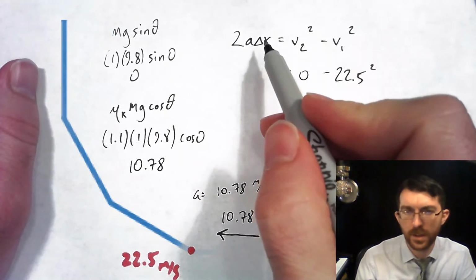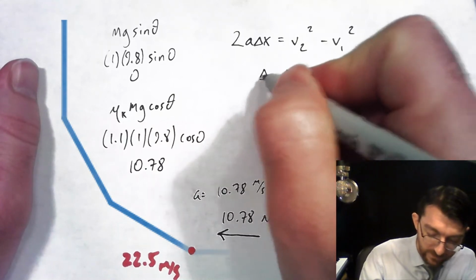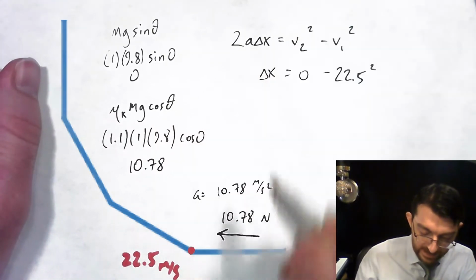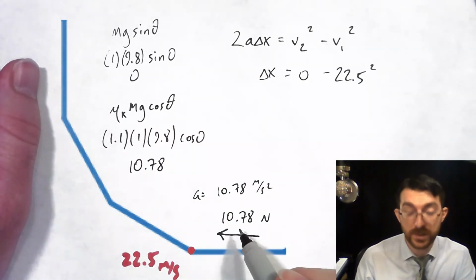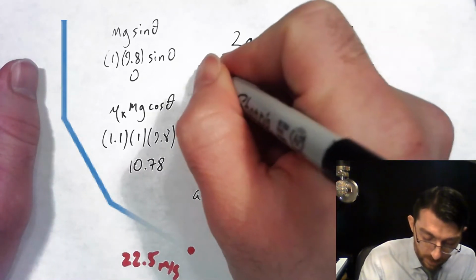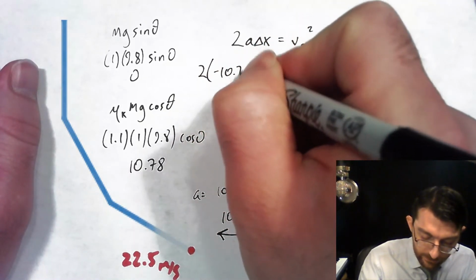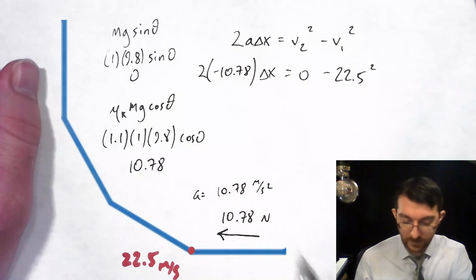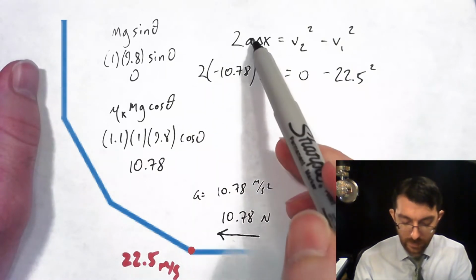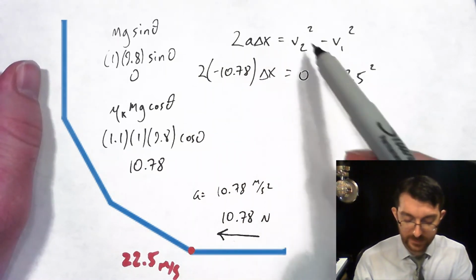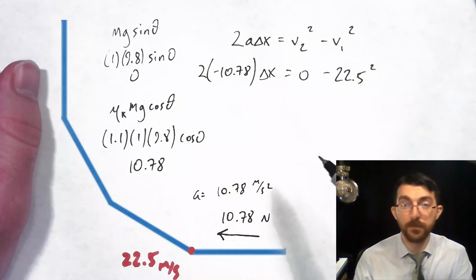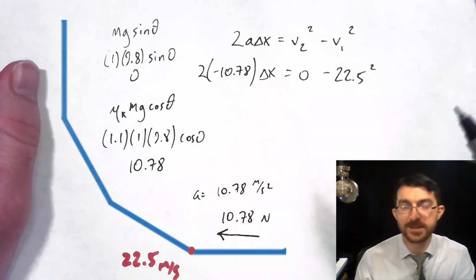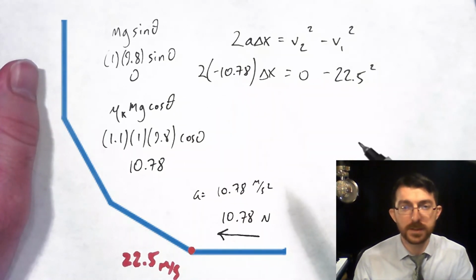How far did it go is exactly the question we're asking while it's accelerating at negative 10.78. So 2 times negative 10.78. Okay? 2a delta x equals v2 squared minus v1 squared. That's negative, everything works out perfectly.